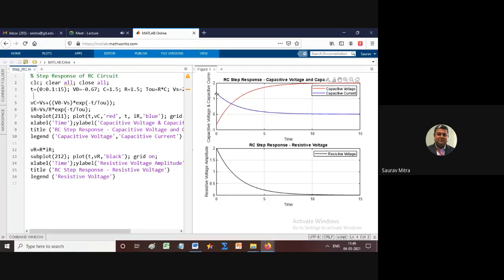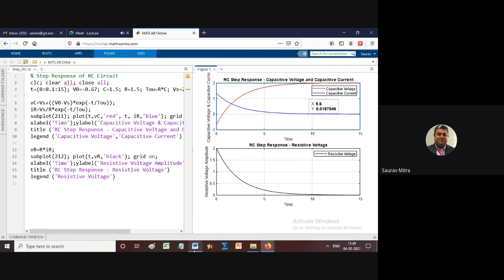The current is starting from 1.33. If you put all these calculations in the equation, with initial voltage minus 0.67, you will find that the initial current will also be 1.33. That is not a problem. And the graph has become flatter. You can see it has become flatter because we have changed the R and C values. We have made them bigger, so the time constant has become bigger.